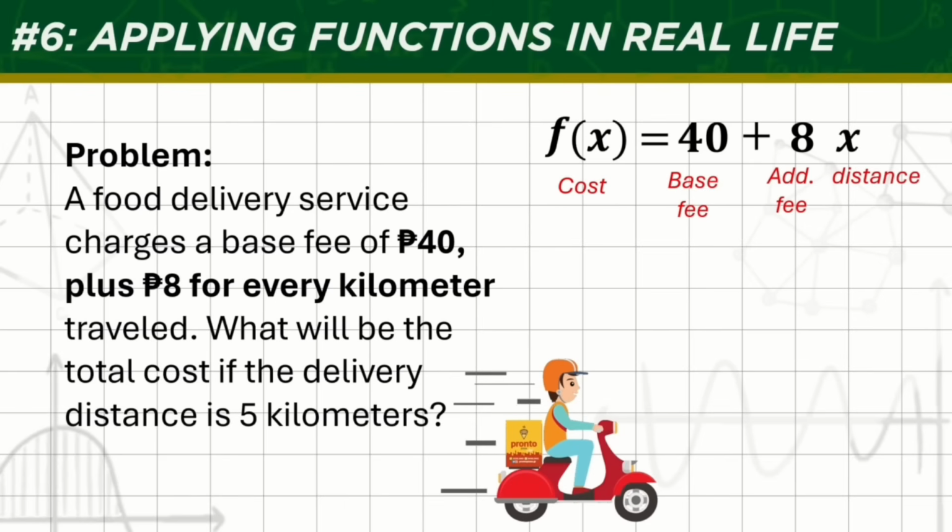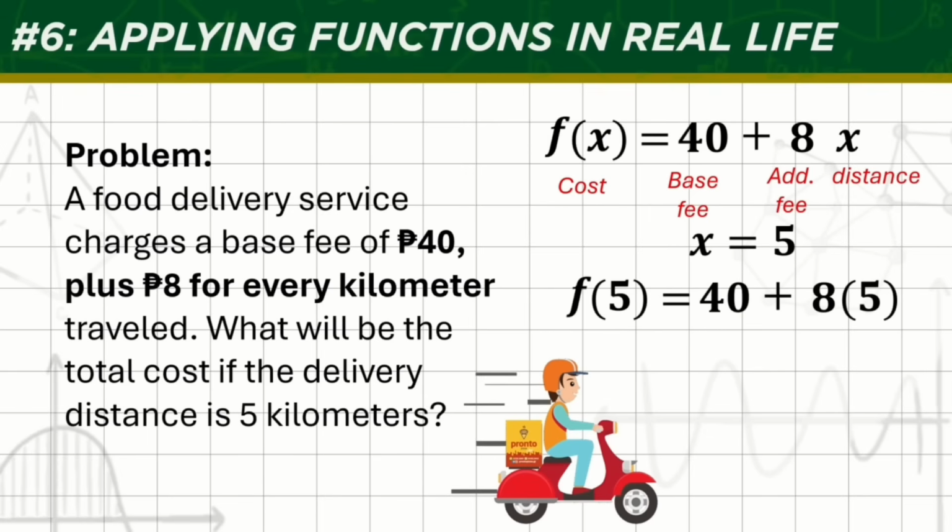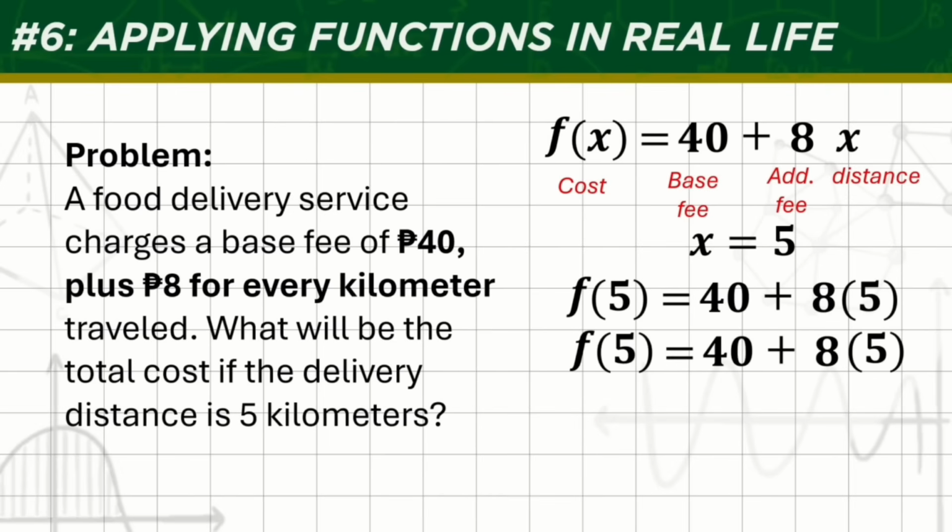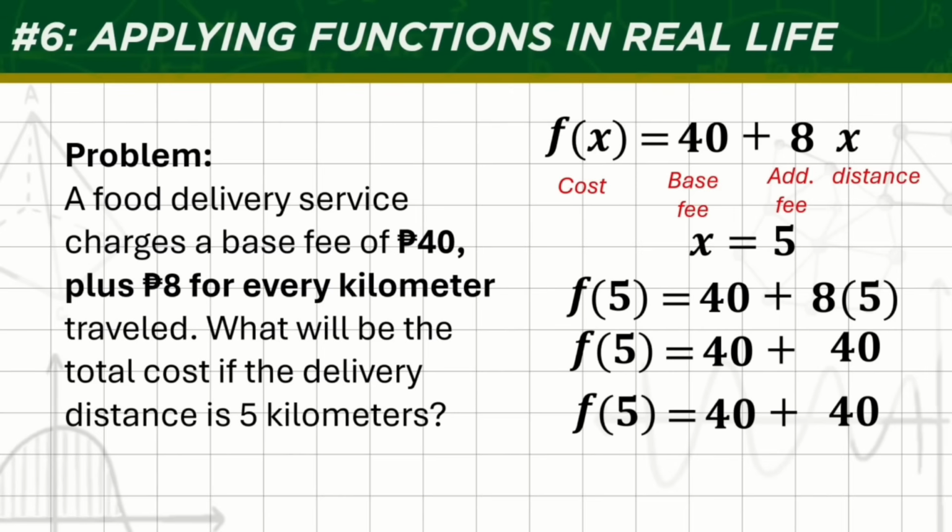So the function is f of x is equal to 40 plus 8x. Since we want to find the delivery cost for 5 kilometers, we substitute x is equal to 5 into the function. Let's substitute 5 in the given equation, and then let us simplify. 8 times 5 is equal to 40. 40 plus 40 is equal to 80.